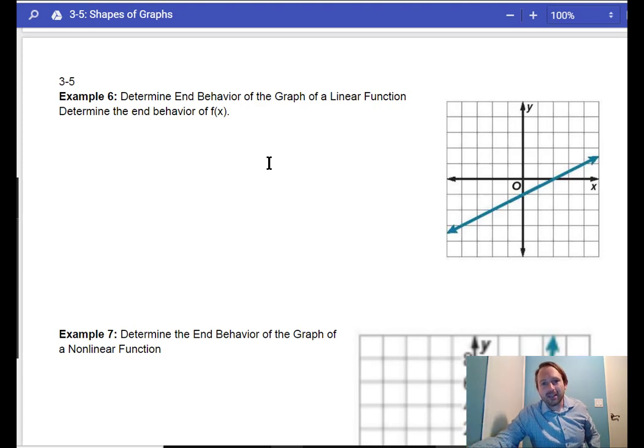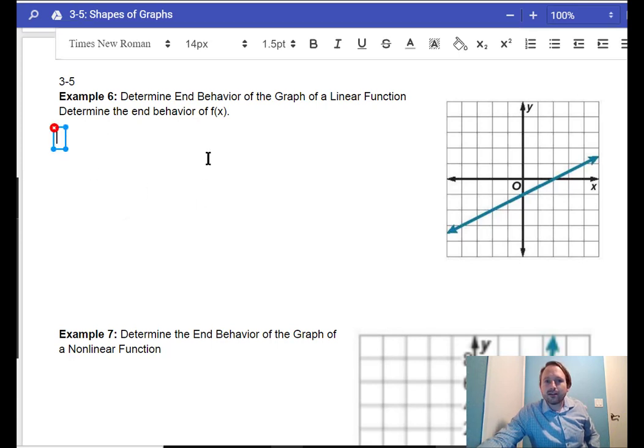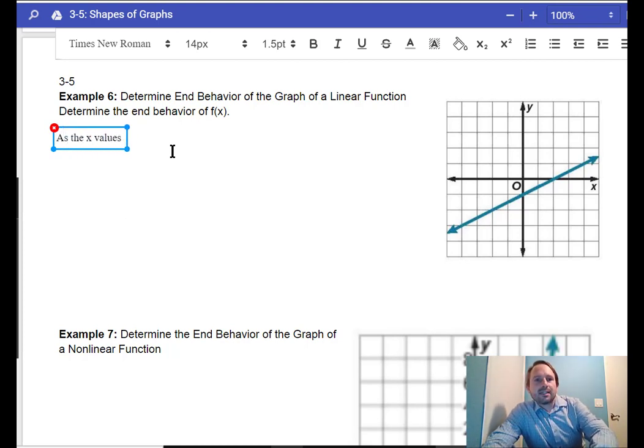Determine the end behavior of the graph of a linear function. So determine the end behavior of f of x. As we decrease the x value, as we go left, the y value decreases. As we increase the x value, the y value increases. Let's type it up. As the x values decrease, the y values also decrease.